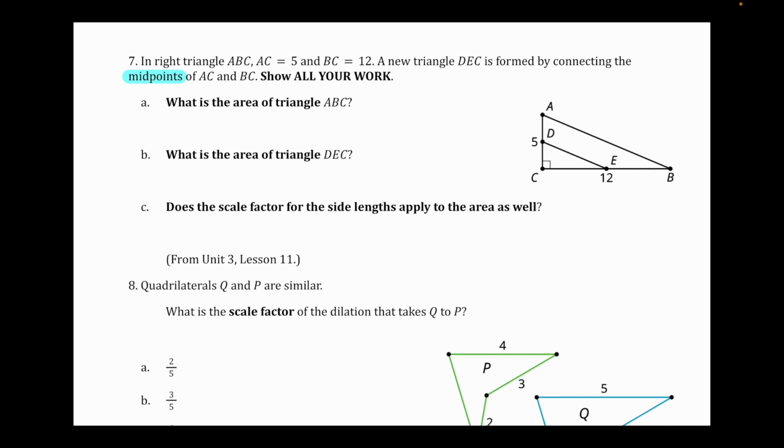So if it is A, B, and C, they did give us that this is a right angle. So I can use this as my height, and this is my base. So we are going to say that the area is 1/2 the base, which is 12, times the height, which is 5.